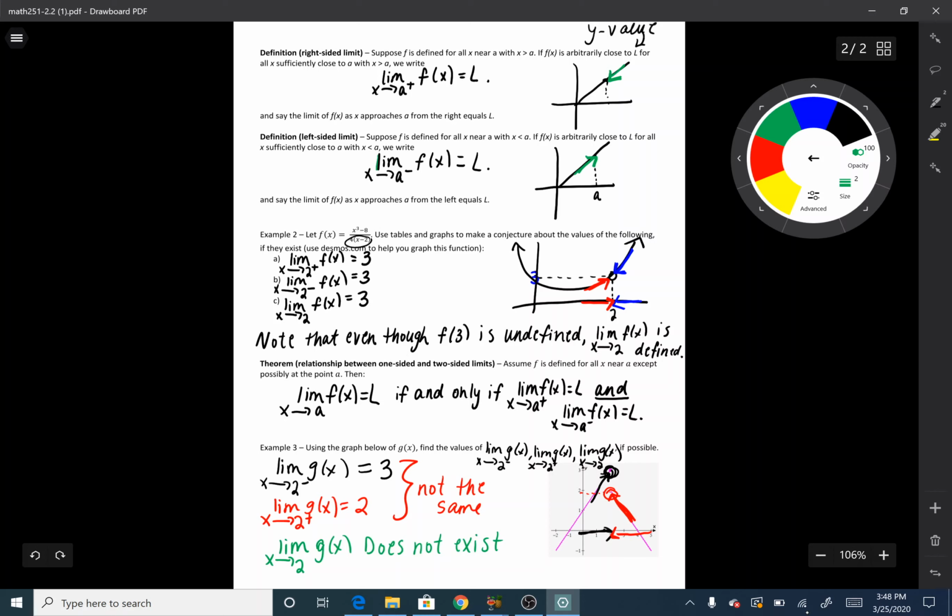We often shorten this to DNE, does not exist. That is, again, because of this theorem right here, the relationship between one-sided and two-sided limits. So the limit only exists if the left-sided limit and the right-sided limit are the same number. Since they were not the same number in this case, our limit does not exist.